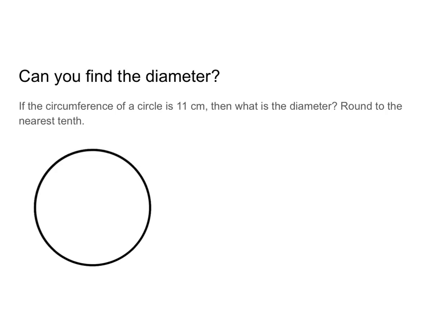What about if we wanted to work backwards? So let's say the circumference of the circle is 11 centimeters. What would the diameter be? See if you can figure it out.